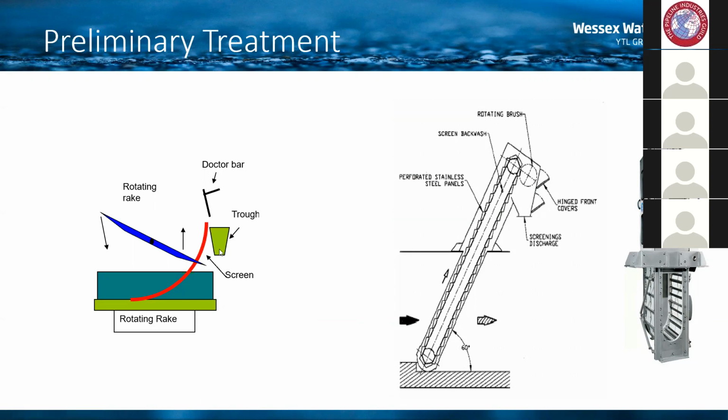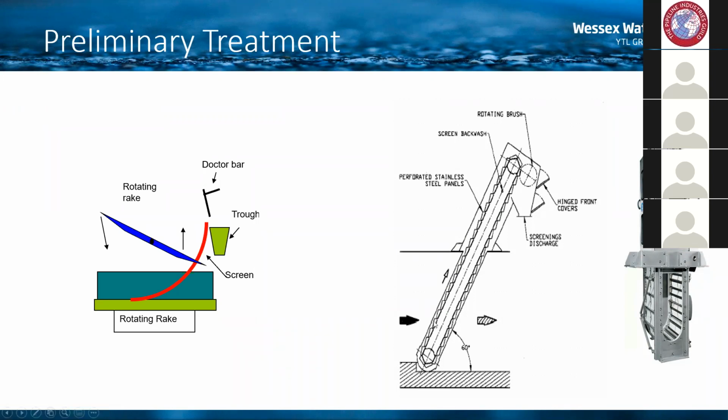On the right-hand side of the page, we have what we call a step screen. This is a screen that has quite a fine mesh on it, usually about 6 millimeters. The flow comes in, and when that mesh is clear, the flow can go straight through and straight onto treatment.